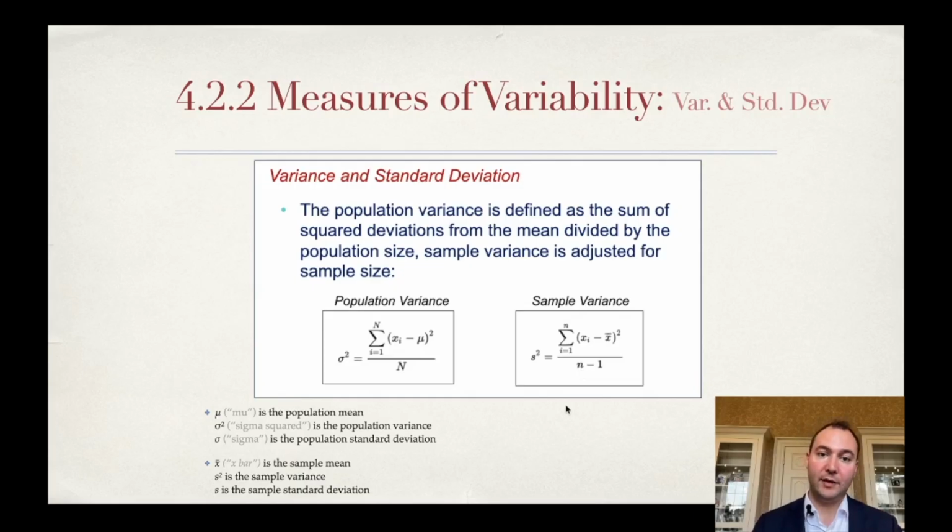When we're looking at the sample variance, we use S squared. If we're looking at the population variance, that's represented by the symbol sigma squared. Again, it's almost impossible to measure the actual population variance, so instead, we often use the sample variance as an estimator of the population.